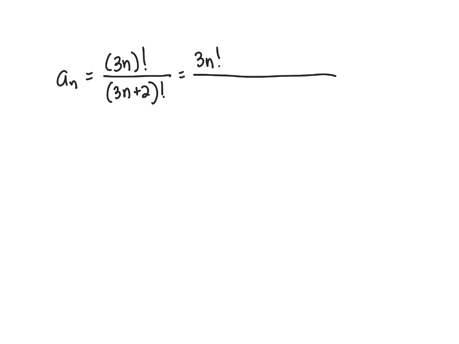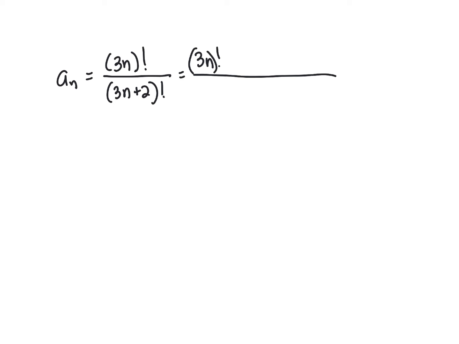So if a sub n is defined as 3n factorial divided by 3n plus 2 factorial, then I have 3n times 3n minus 1 and so on.